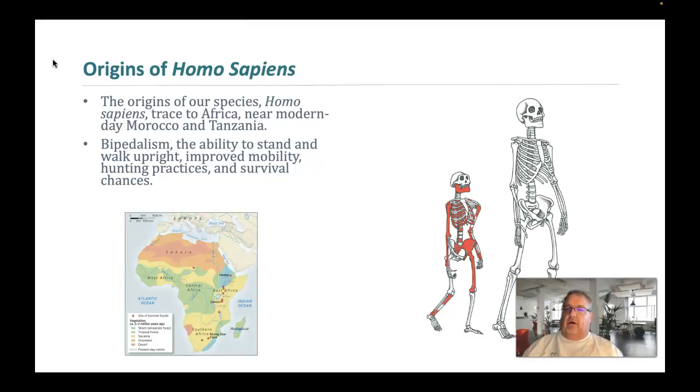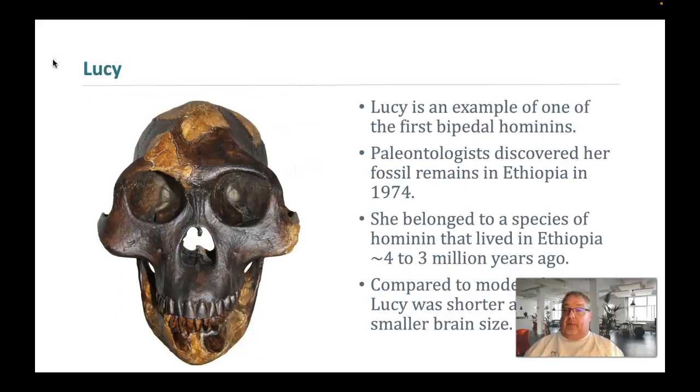We stand up, we walk upright, which freed our hands to become tool making things, which don't necessarily, when you really think about it, increase our survival ability, except that one of the things that also continued to develop was our brains. And as we got smarter, as our brains got bigger, we began to make better tools, we began to make better decisions, and as a result, we were able to survive.